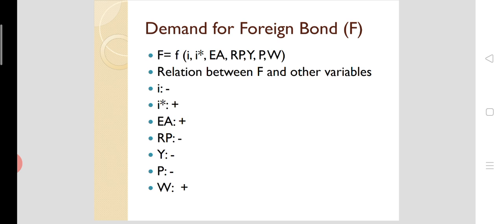Then the demand for bond, both foreign bond and domestic bond, will come down. Last one is wealth. When wealth increases, demand for both foreign bond and domestic bond will increase. So these are the factors affecting the three assets in the portfolio: money, domestic bond and foreign bond.